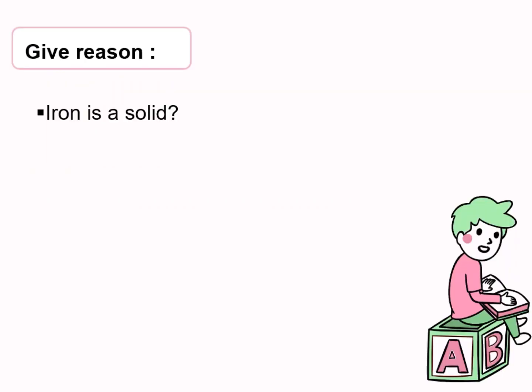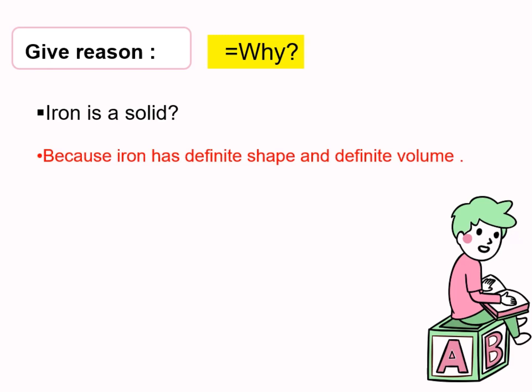Now let's answer some questions. The first question is, give reason iron is a solid. We said before that give reason means why. And in order to answer that type of question, we have to start our answer with because. So, again, why is iron a solid? In this case, you have to think what is meant by solid. Yes, as you said, because iron has definite shape and definite volume.